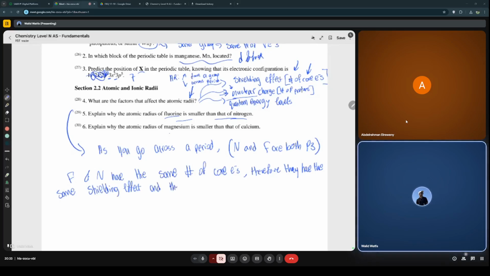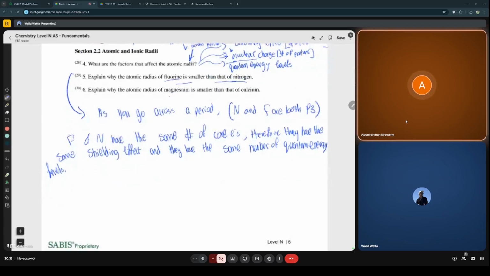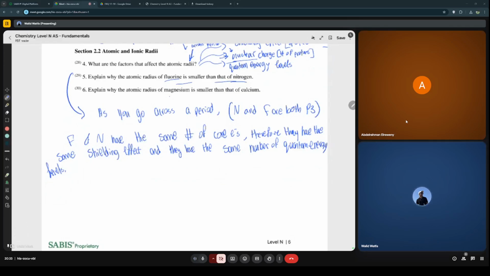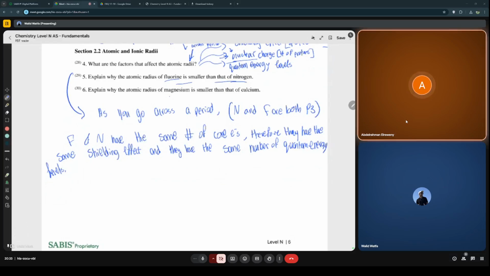And they have the same number of quantum energy levels. The quantum energy level is like 1, 2, 3, 4. So what's the change? The nuclear charge.